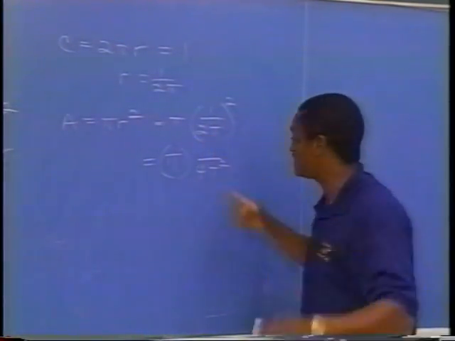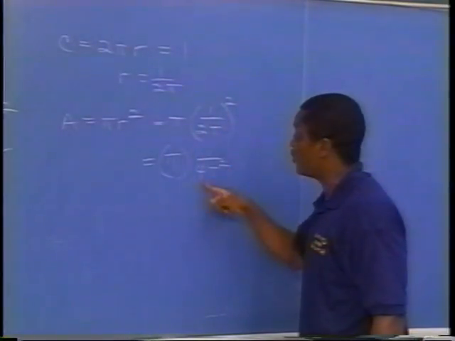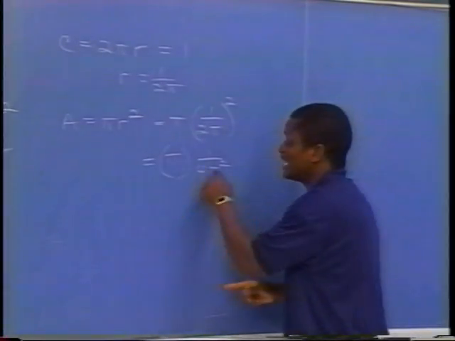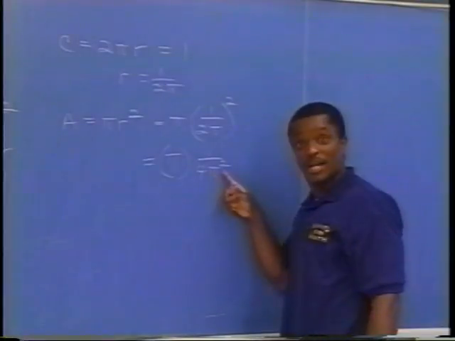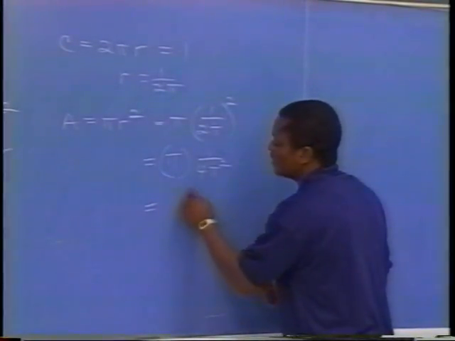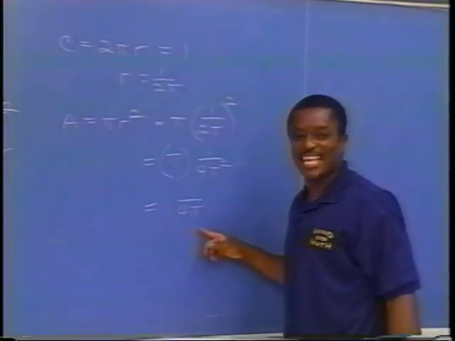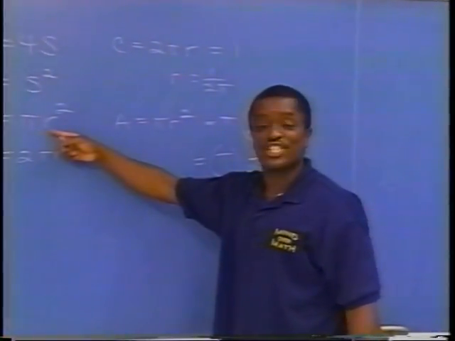But you knew that. In this case, this becomes 2 squared, which is 4, and pi squared, which is just pi squared. But we can simplify here because we can cancel a pi here and one of the pi's down here, thus leaving us with the result 1 over 4 pi. That is the area of the circle.